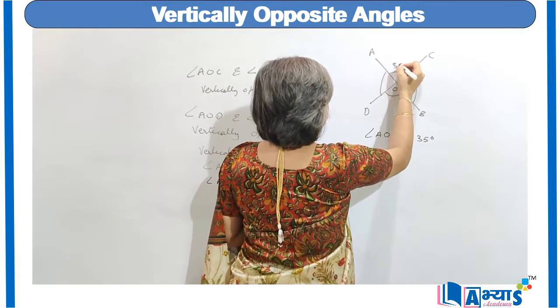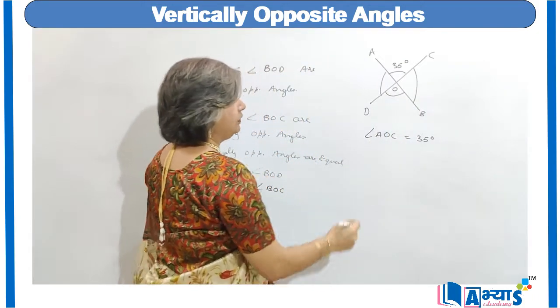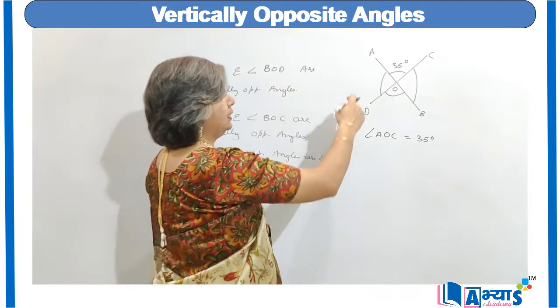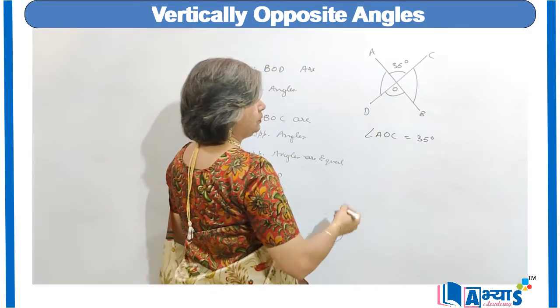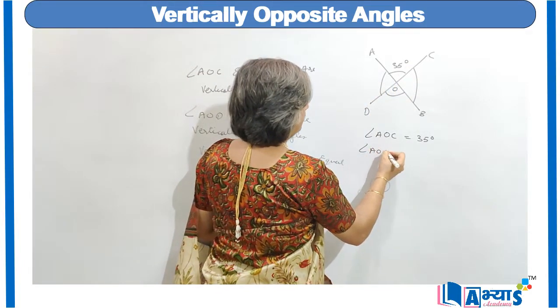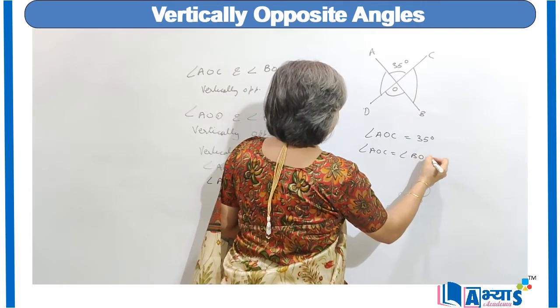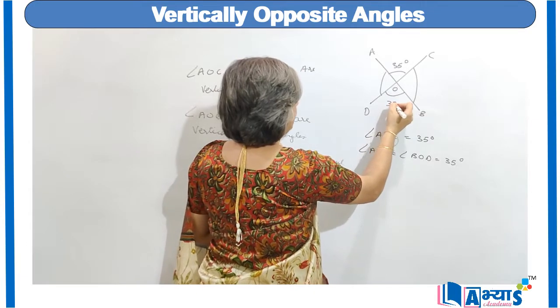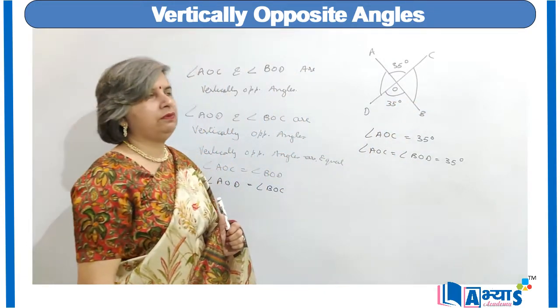That means this angle is 35 degrees, and if we are supposed to find all other angles, we can say angle AOC is equal to 35, and we know that angle AOC is equal to angle BOD, which is equal to 35 degrees. So this angle is also equal to 35 degrees.